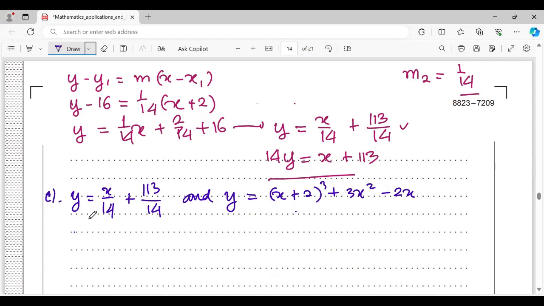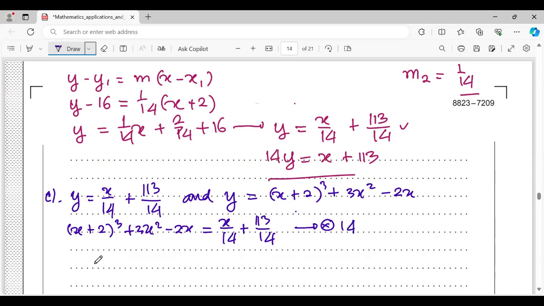Or it becomes like this: x plus 2 cubed plus 3x squared minus 2x equals x over 14 plus 113 over 14.